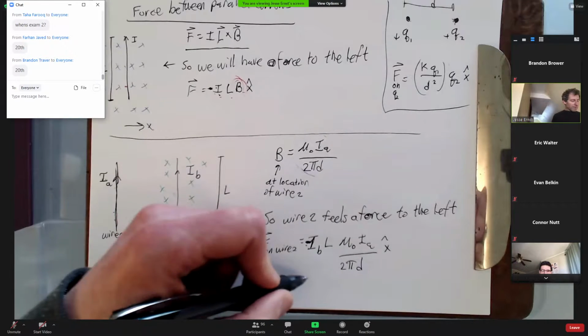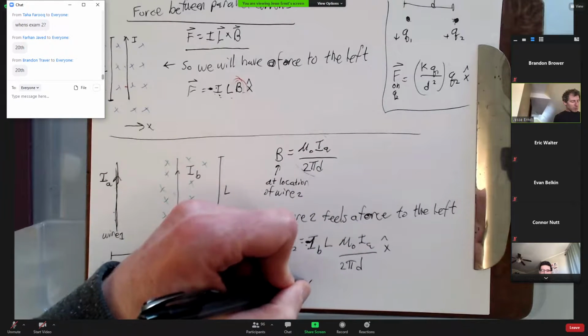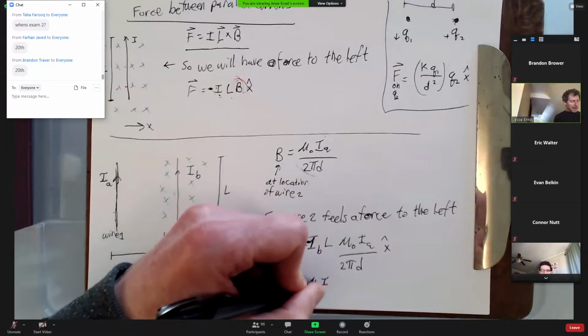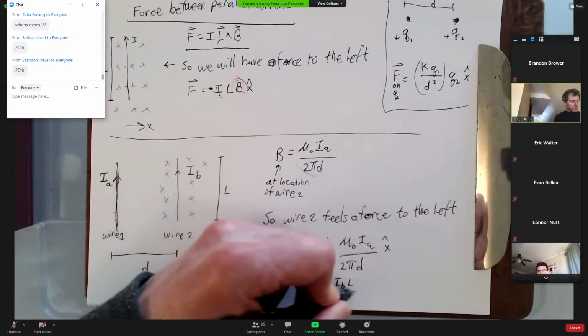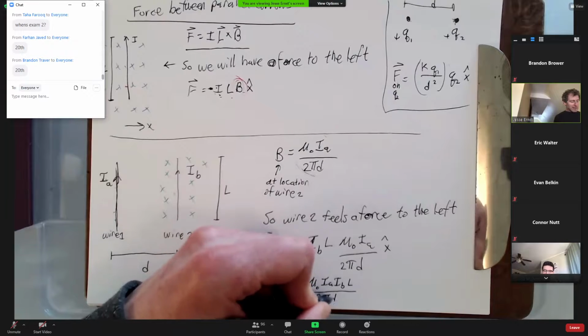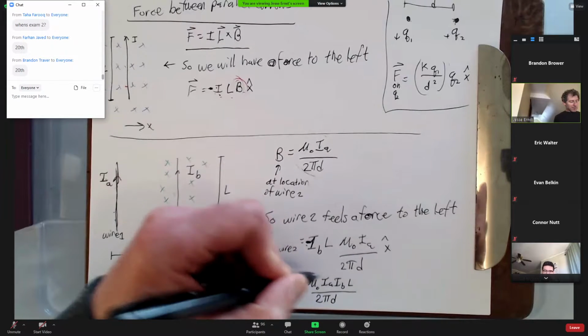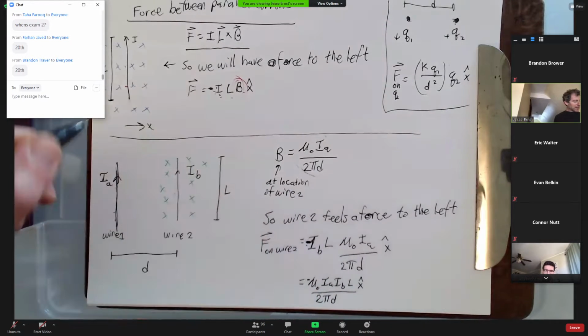Rearranged, this is mu naught IA IB L over 2 pi D, in the negative x hat direction, if this is the x direction.